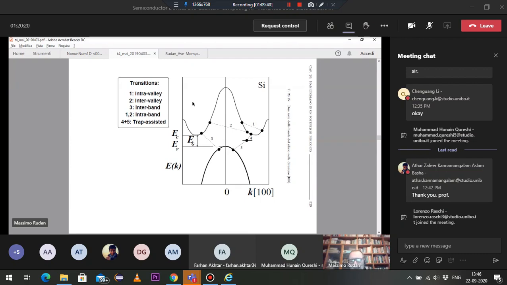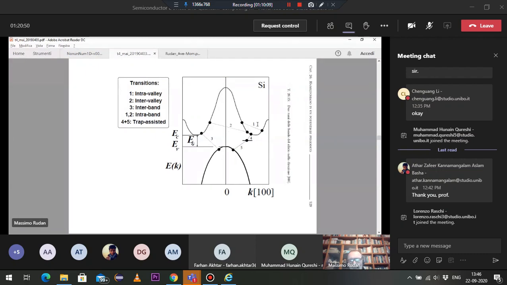Then there are other transitions like that of type 2, in which the initial and the final states belong to different valleys, but they are in the same band, okay? So this type of transition in which the valley is different but the band is the same are called inter-valley transitions, okay?